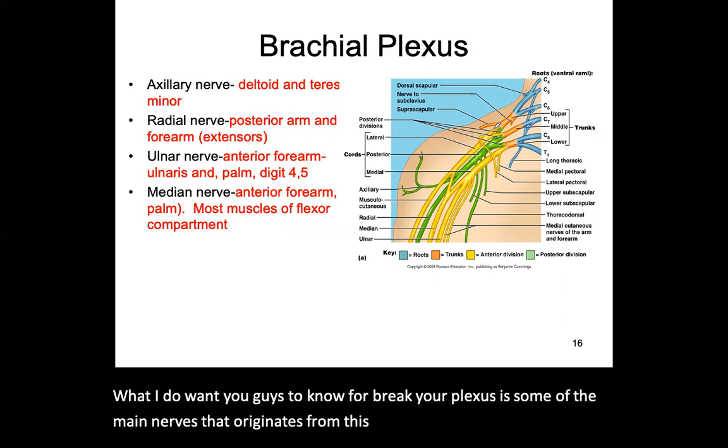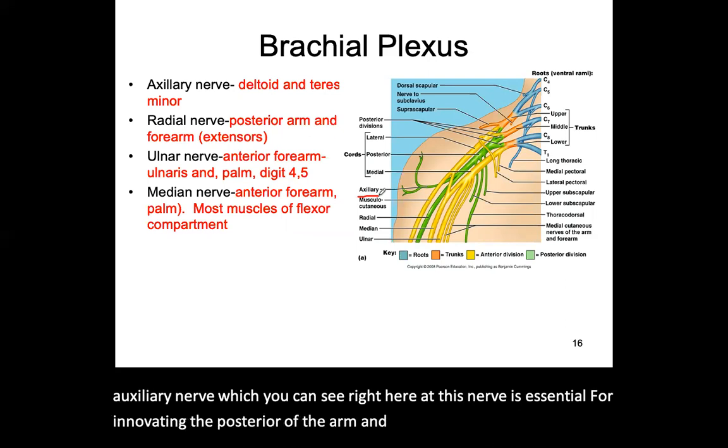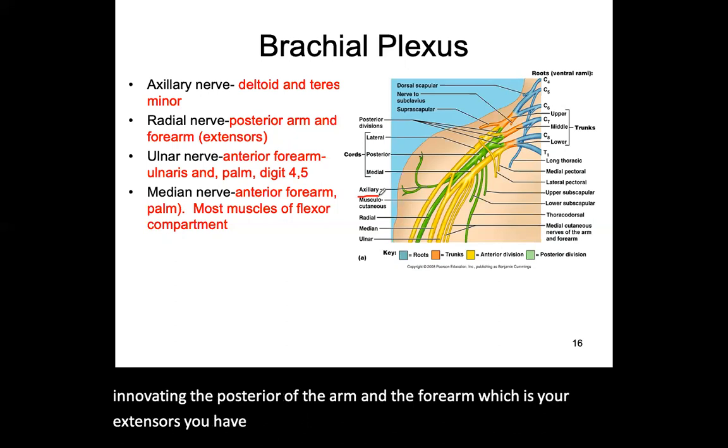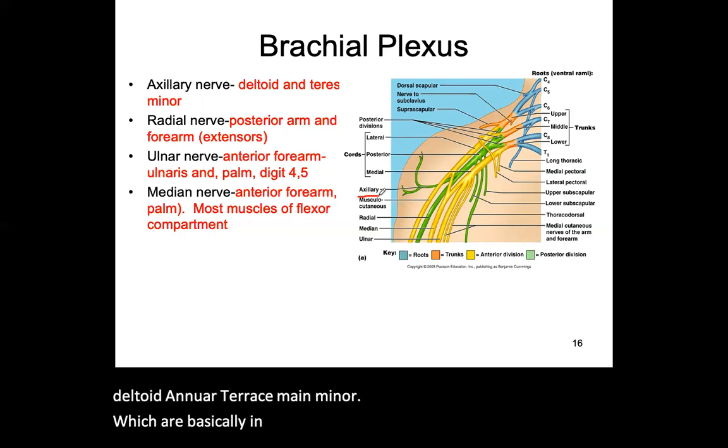One is referred to as the axillary nerve, which you can see right here. My mistake. Axillary nerve innervates your deltoid and your teres minor, which are basically in your shoulder area.